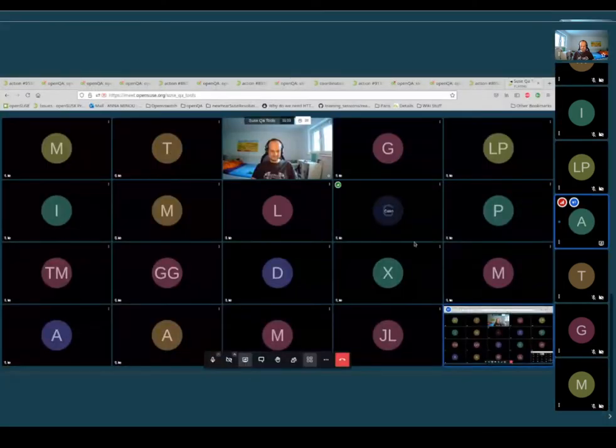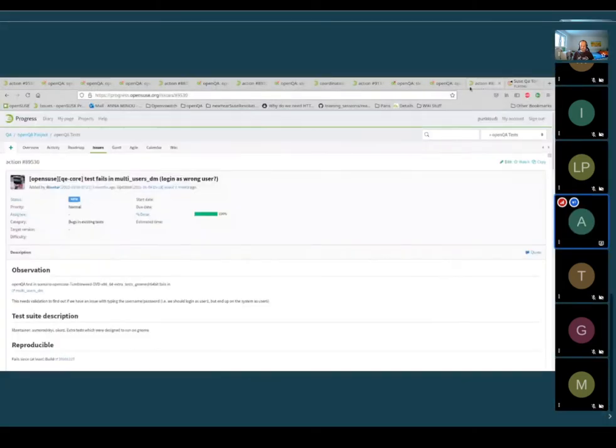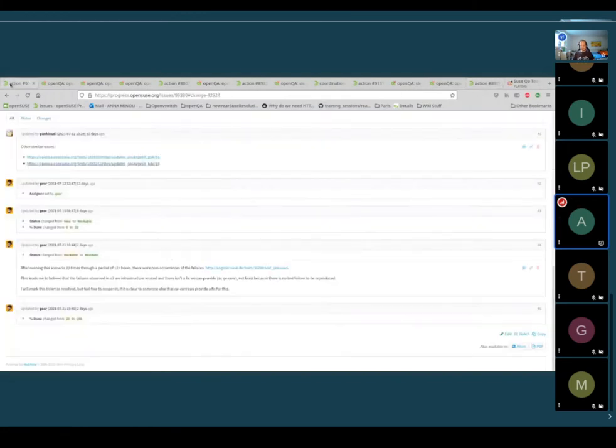But I didn't want to share this, so it was a different browser window. Yeah, but I cannot find it now. Just give me one moment. Okay. Now you can see... Can you see my different tabs? Yes, this looks good. I see a progress ticket with multiple.